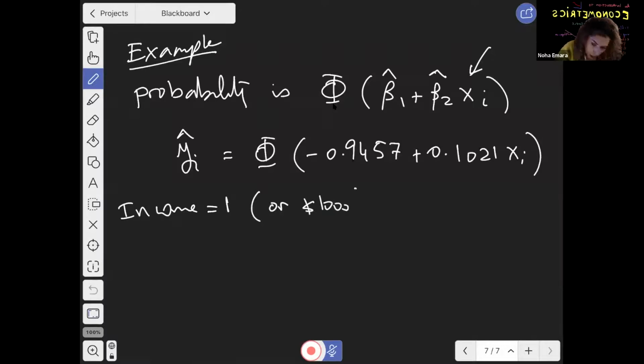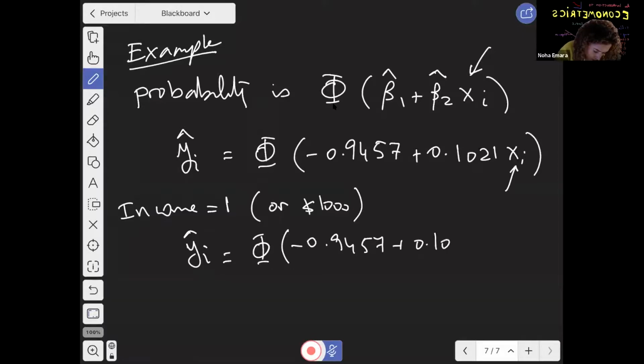Okay, so the unit of measurement is 1,000. All I need to do is just plug in the 1 right here, right? So yi hat is equal to this phi symbol, negative 0.9457 plus, just multiply and add, and you already have this number.